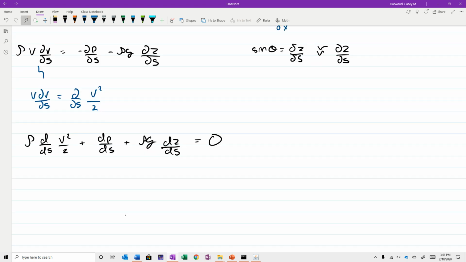Again, we're still working with F equals ma. It's just that now we've got ma minus F is equal to 0. And now what we're going to do is just integrate on s, because everything in here involves a derivative with respect to s.